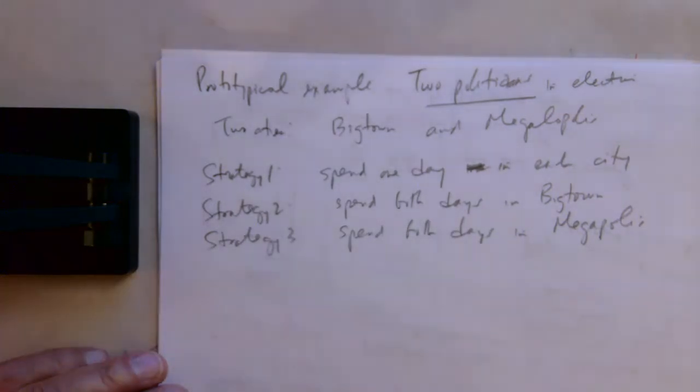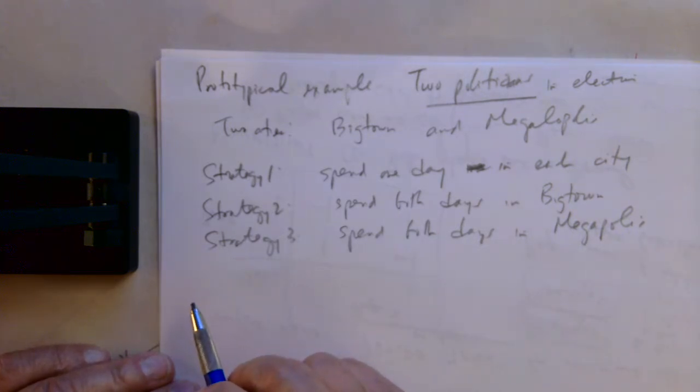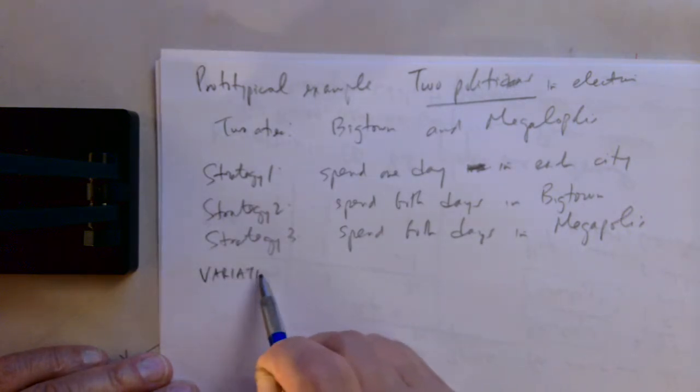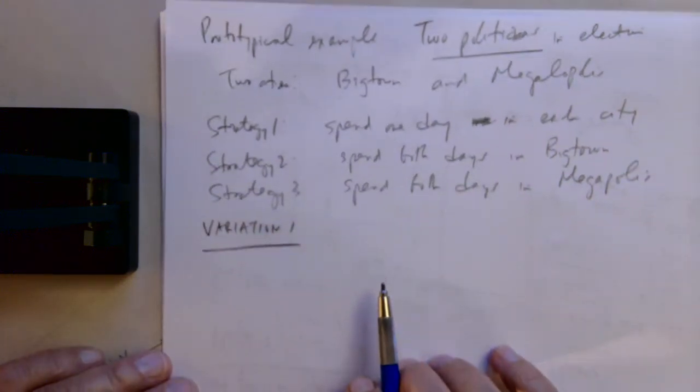So we're going to have 3 different scenarios of what could be the outcome of these 3 different strategic choices. And in the first of these, variation 1, we have the following payoff table.